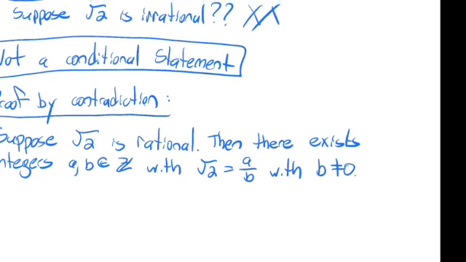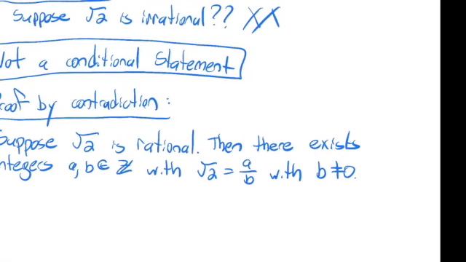Which basically says we can write the square root of 2 as a ratio of 2 integers, and the denominator is non-zero. That's basically just writing out what the definition of rational means.